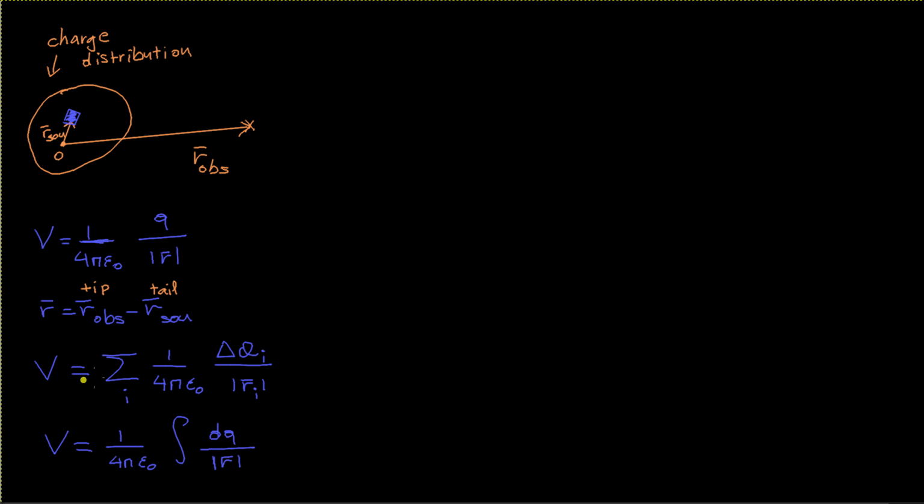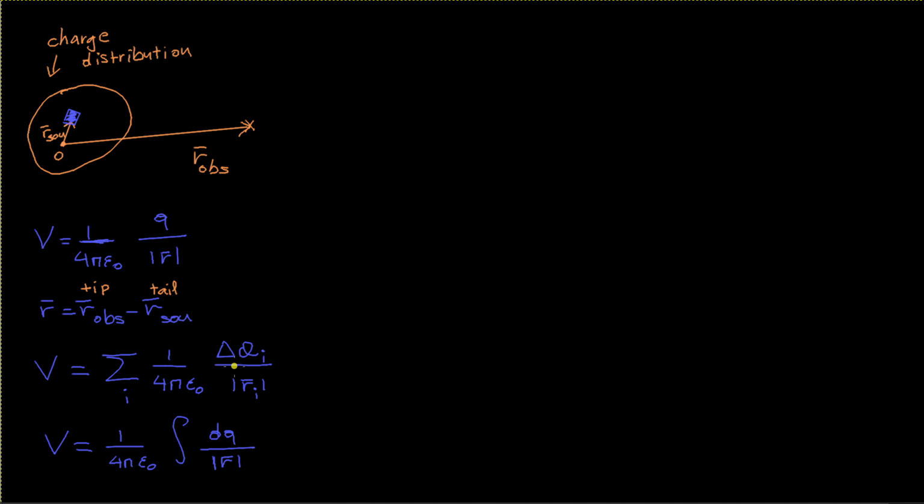In one equation, the potential equals the sum over i of 1 over 4 pi epsilon naught times delta q sub i, the i-th piece of my charge distribution, over the relative position vector sub i, the vector that goes from source to observation.